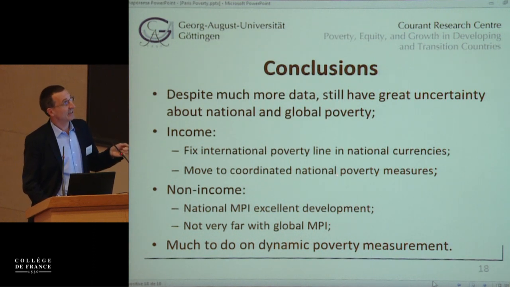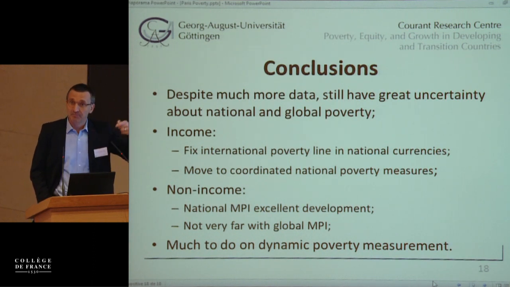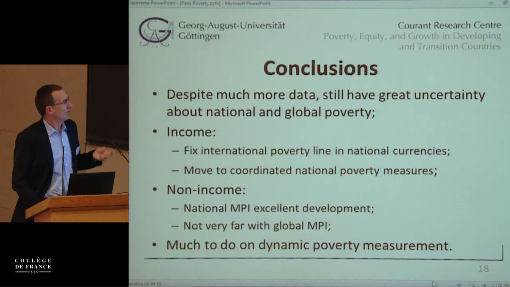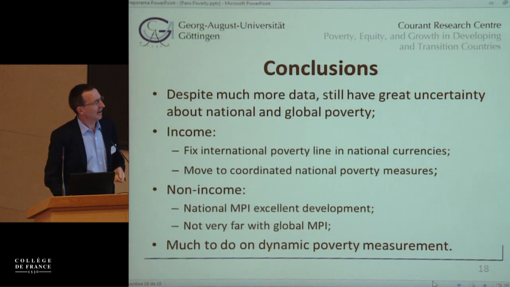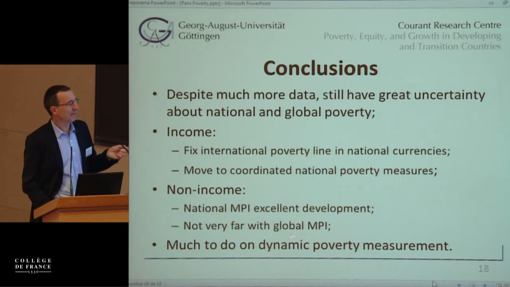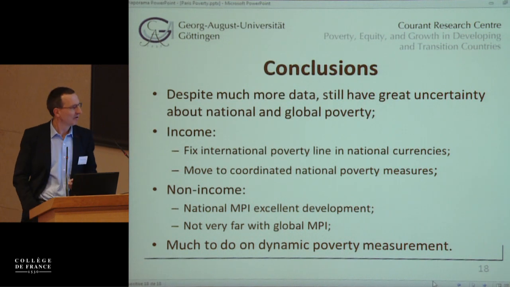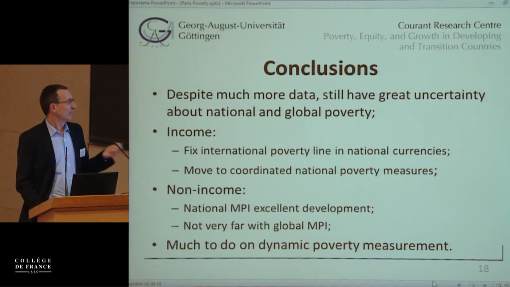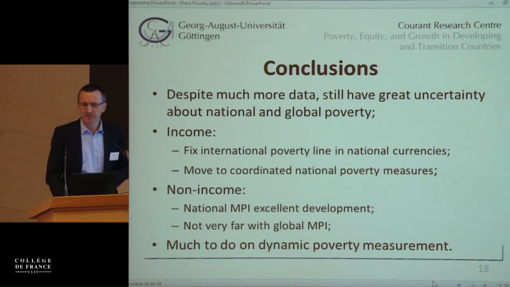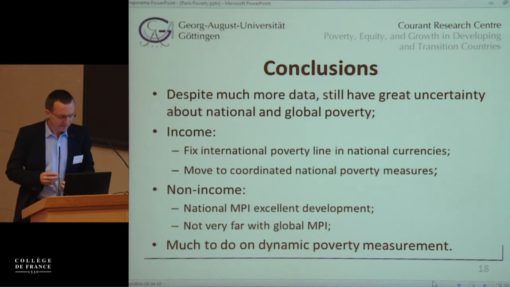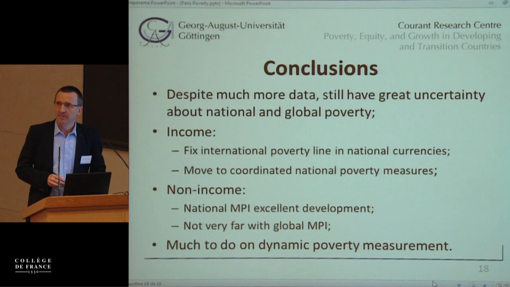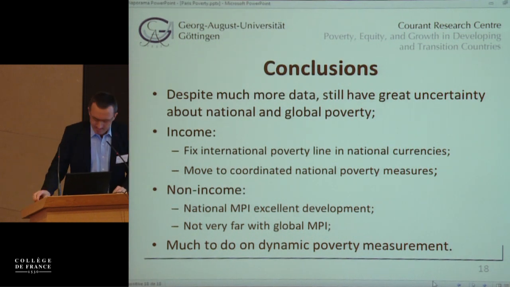Move to coordinated national poverty measurements as a slow replacement of that over time. On non-income, I think that these national MPIs are an excellent development. I think we're not very far with the global MPI, and I'm not sure, but maybe it can become interesting in future. And I think there's much to do on dynamic poverty measurement, where I think we should focus a lot of our attention. Thanks very much.